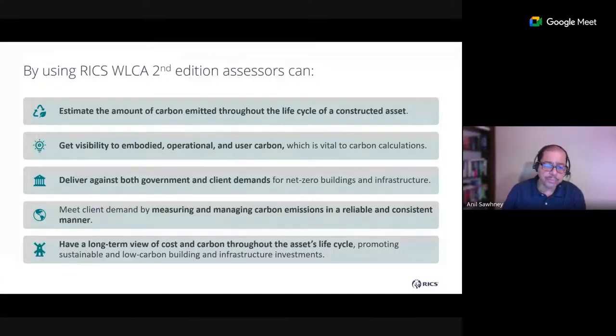Our standard helps you take a long-term view of cost and carbon. So you're not just worried about CapEx or your construction cost. At least you can calculate and collect information over the asset's life cycle and then make better decisions, which then promotes sustainable and low carbon building and infrastructure investments in our industry.